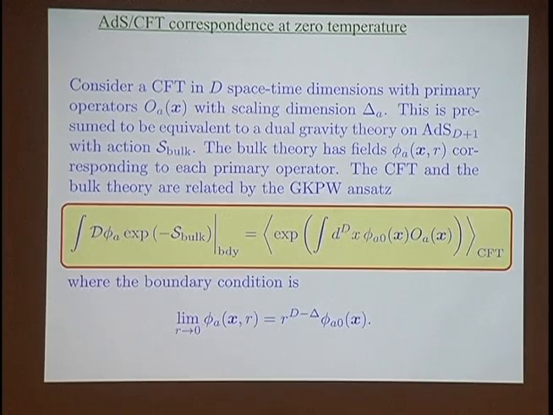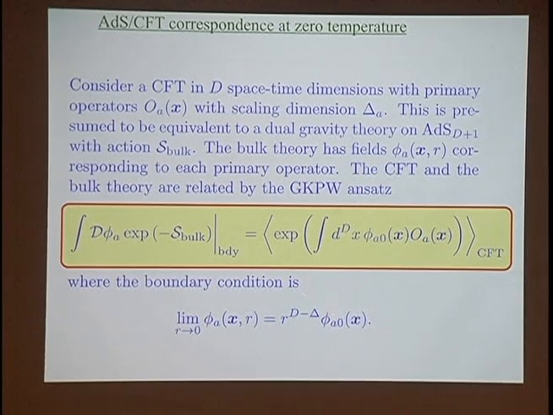Now you can also relate correlations of one theory to the other by something called the Gubser-Klebanov-Polyakov-Witten prescription, which says the following. Here's your CFT with some operators O_A of x, and you insert some sources phi of x. Once you're able to evaluate this for the CFT, you know all the correlation functions of these operators.